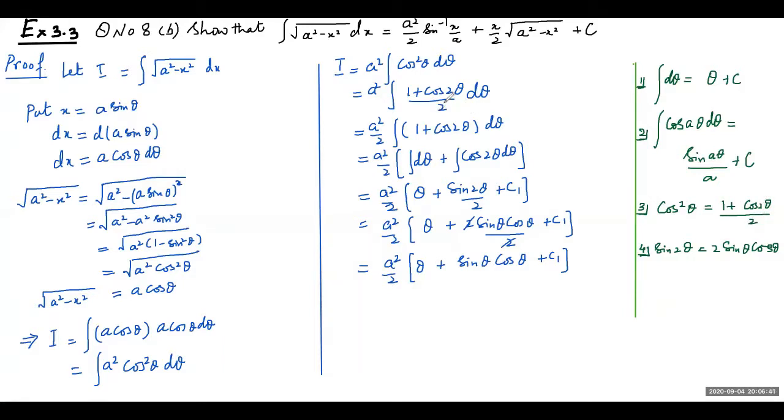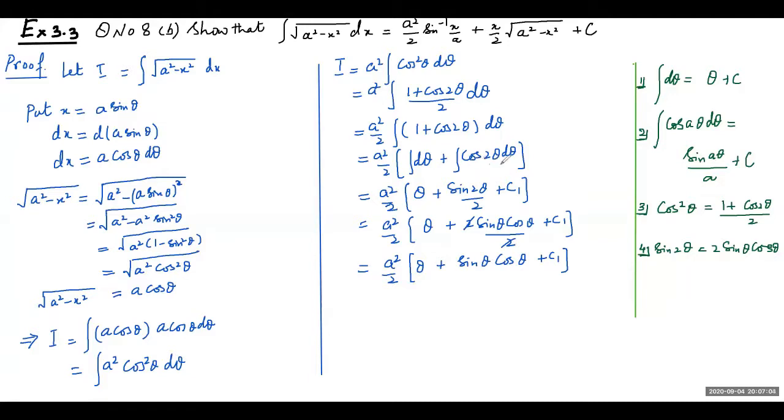Now bring this by 2 outside. It will become a square by 2 and write 1 plus cos 2 theta inside the integral. Now open up the bracket and split the two integrals. You will get a square by 2, then we start the bracket, then the first integral, which is d theta, and then the second integral, cos 2 theta d theta.